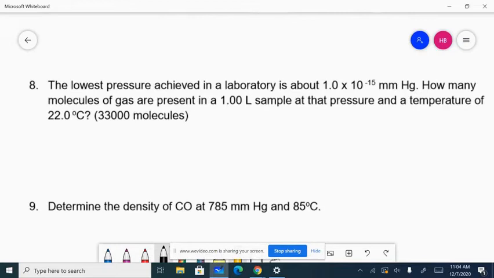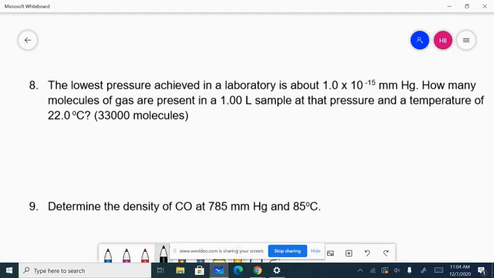The lowest pressure achieved in a laboratory is about 1.0 times 10 to the minus 15 millimeters of mercury. Millimeters of mercury is actually taking a ruler and measuring the height of a column of mercury on a barometer. So millimeters is typical in measuring how high it goes.